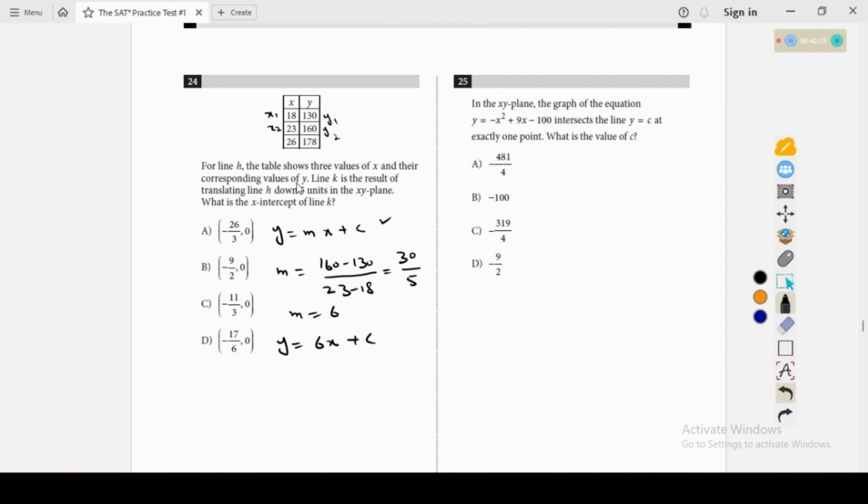Let's choose the first pair. The value of y is 130 and the value of x is 18.